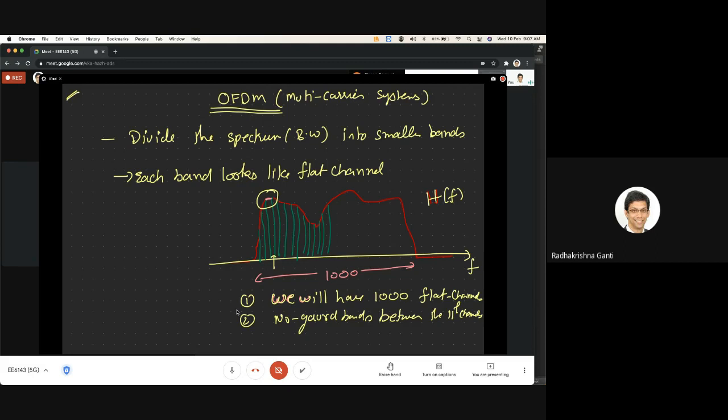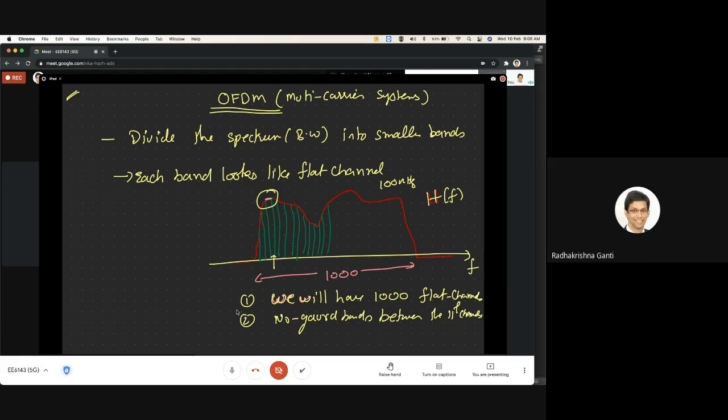In OFDM, we will see how this works. In this case, filtration will not be needed, so essentially you do not require any filters. For example, you have 100 megahertz bandwidth. You divide it into 1,000 bins, so each of them is 100 kilohertz. The 100 kilohertz bins will be adjacent to each other, and you will have 1,000 such parallel channels.